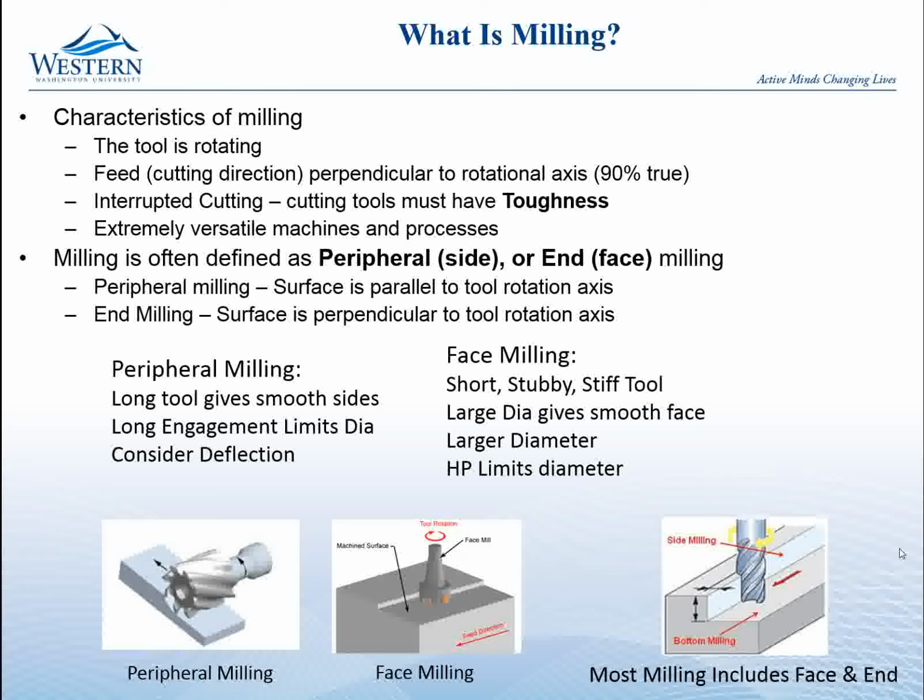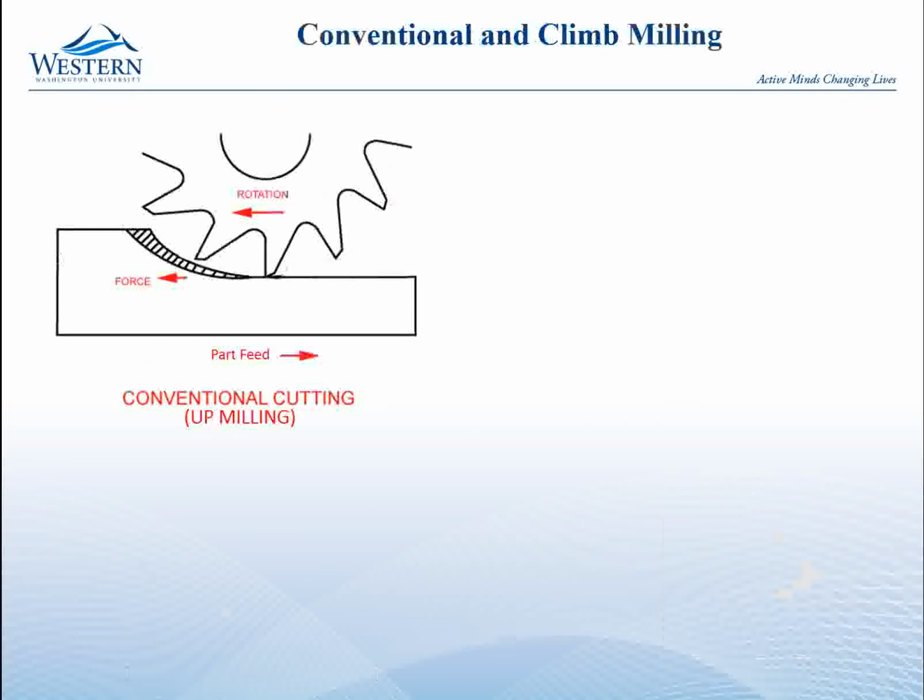And then there are two strategies that are often used, and that depends on how do you rotate the tool with respect to which direction you're moving the part? Or if the tool rotation is generally fixed, then how do you move the part past the tool?